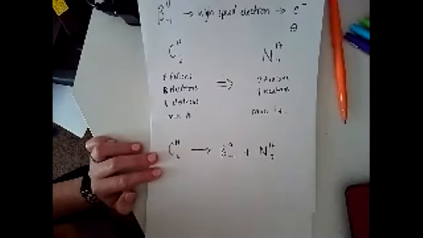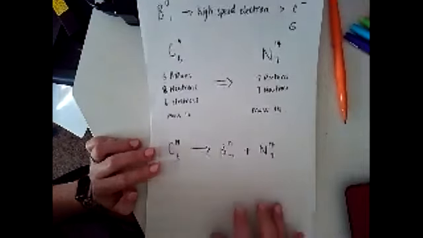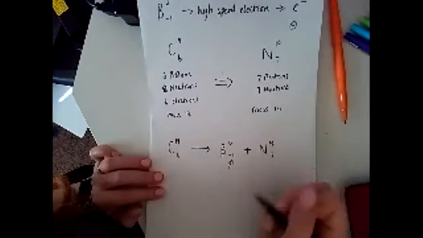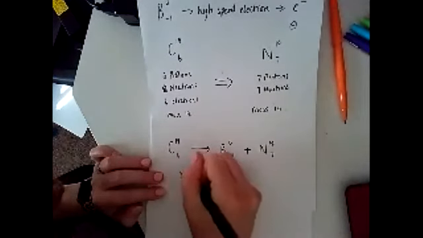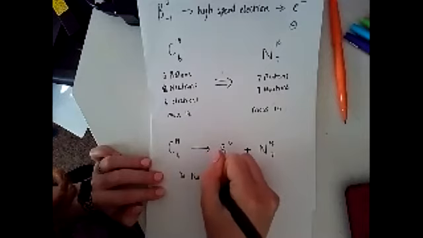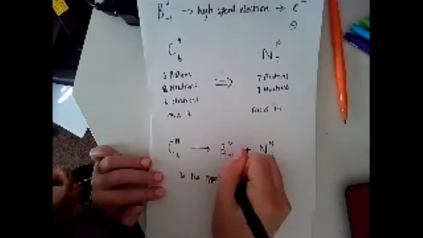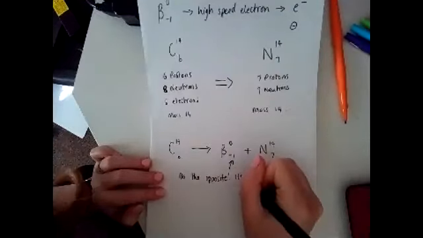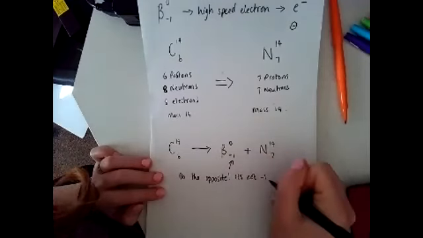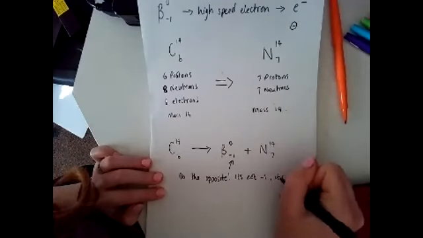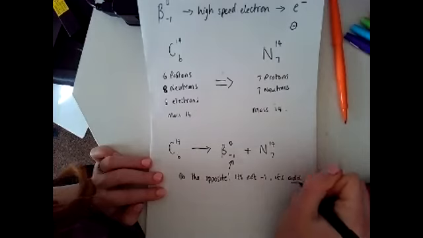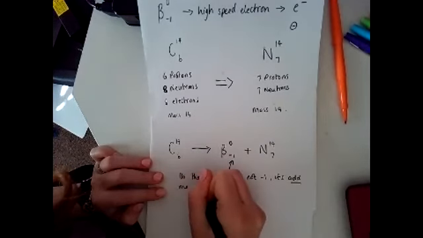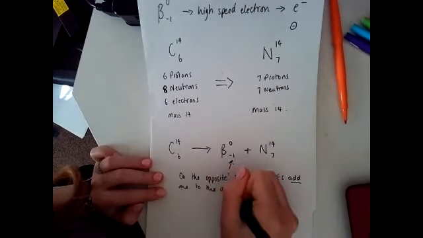Okay, so that is how we would write out the equation. All right, so when you do this decay, you do the opposite of what that says. Do the opposites. It's not -1. It's add 1 to the atomic number.